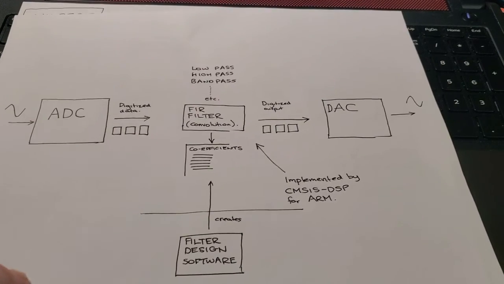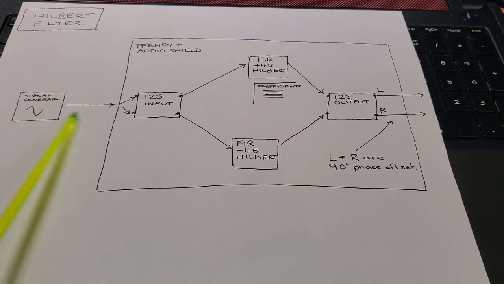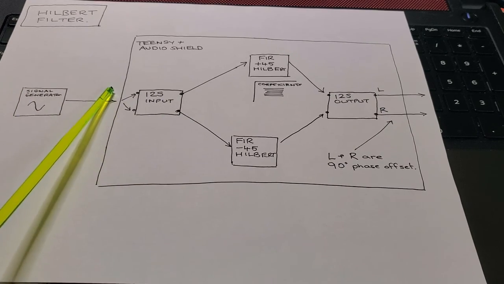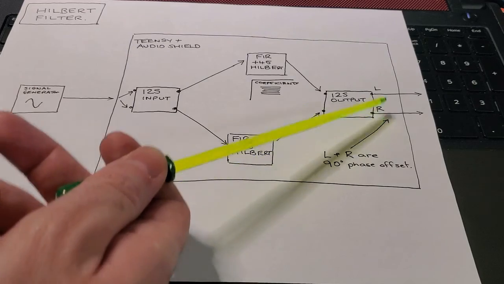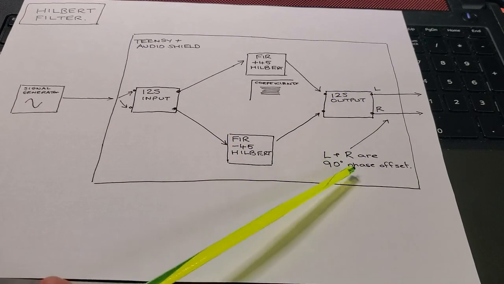Okay, so let's get back to the problem that we're trying to solve here, and basically what I want to do is take an audio signal, ingest that into the Teensy, and then split that audio signal into two components, so exactly the same components but shifted 90 degrees out of phase with respect to one another.